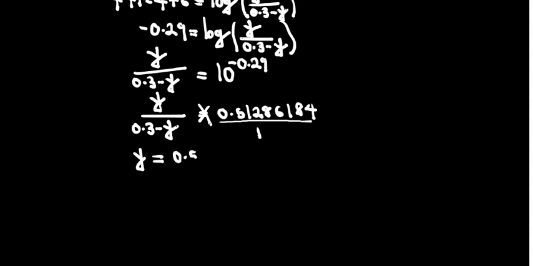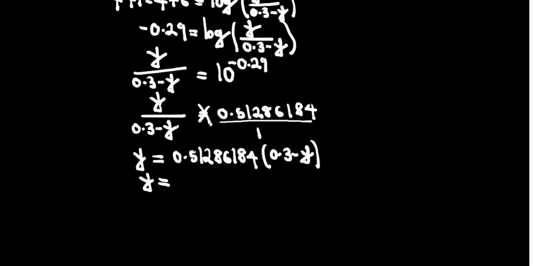The reason I've carried all the numbers, I would have just said 0.51, but just for the purpose of accuracy, I'm just trying to provide the best work. 0.51286184, but we'll finish up quickly. This is 0.3 minus y. When you do that, you're going to have y being equal to what?